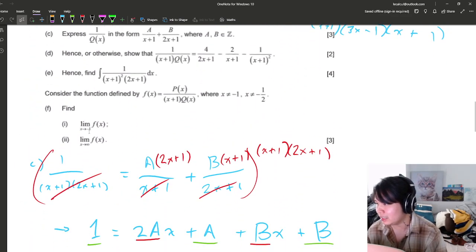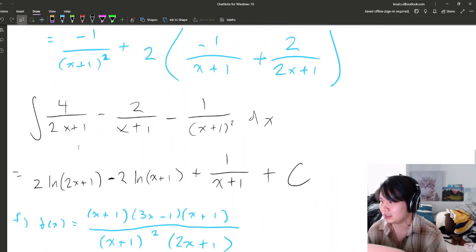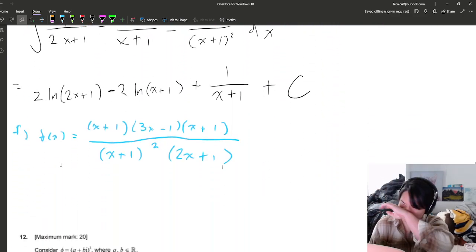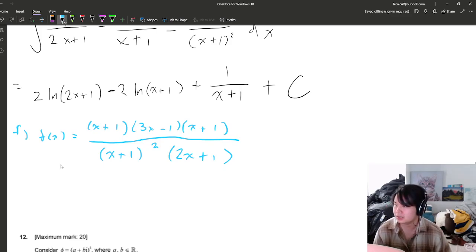Then what do we want to do? We want to find the limit as x approaches negative 1 and the limit as x approaches infinity.